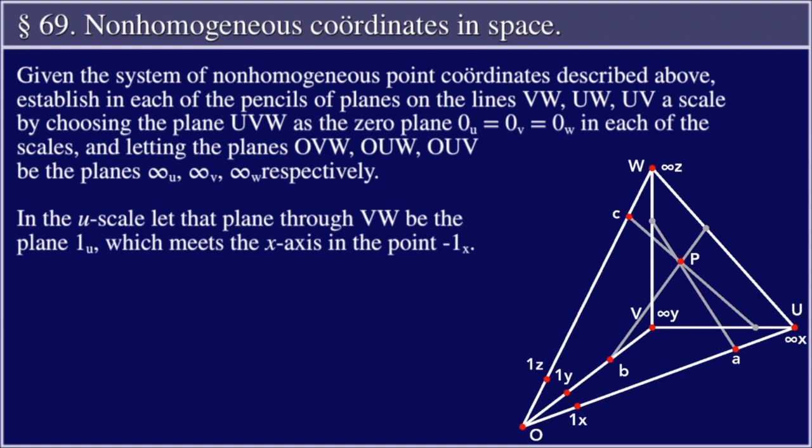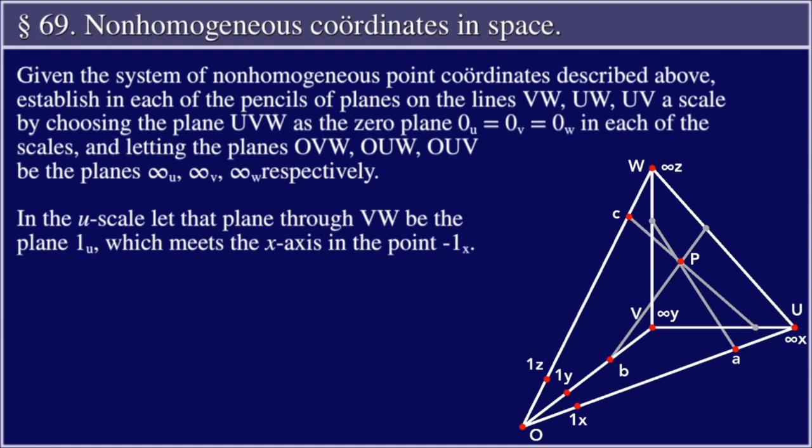Given the system of non-homogeneous point coordinates described above, establish in each of the pencils of planes on the lines VW, UW, UV a scale by choosing the plane UVW as the 0 plane, 0 sub U equal to 0 sub V equal to 0 sub W in each of the scales, and letting the planes OVW, OUW, OUV be the planes infinity U, infinity V, infinity W, respectively.